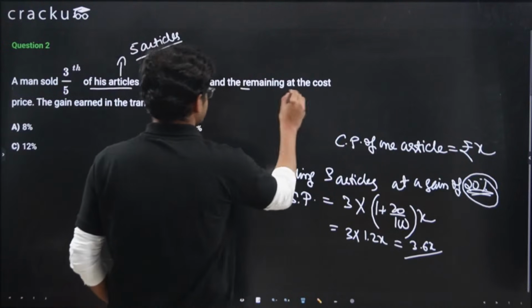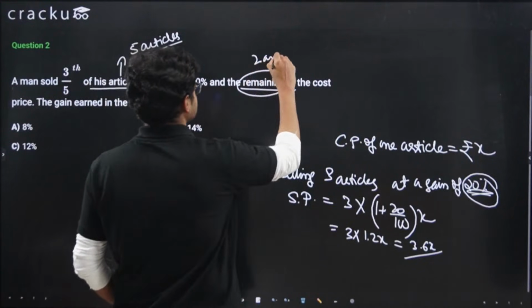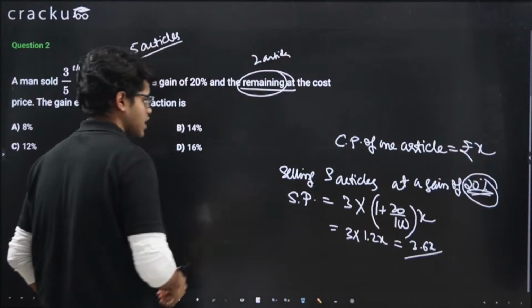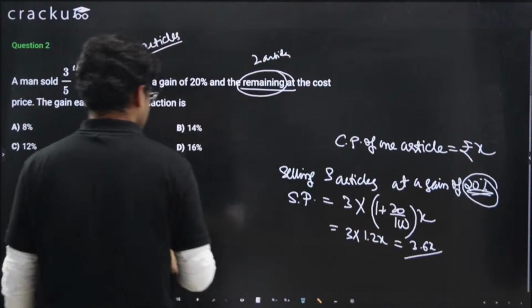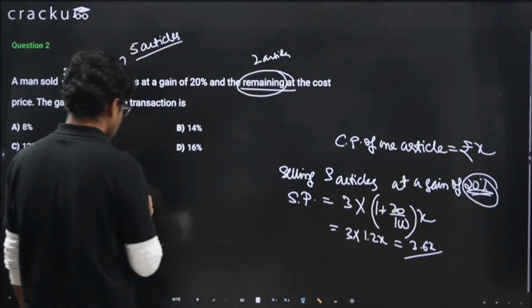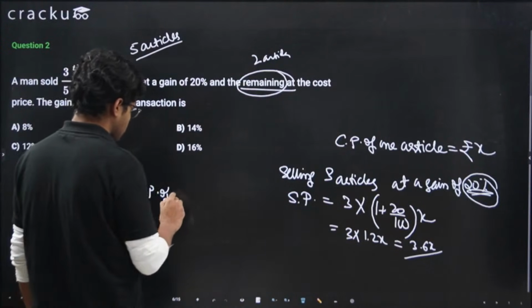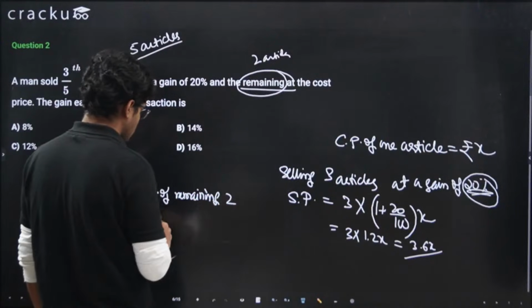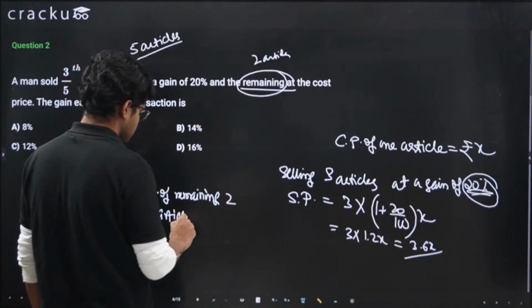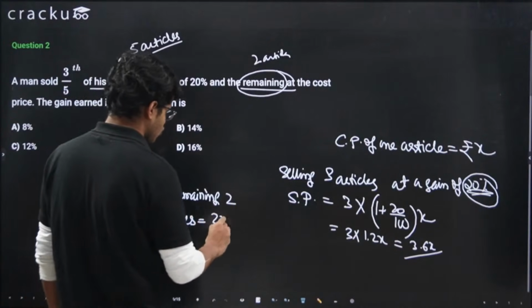And we are remaining with 2 articles, because 3 articles were already sold at a gain of 20%. The remaining 2 articles are sold at the cost price, so their selling price is 2x.